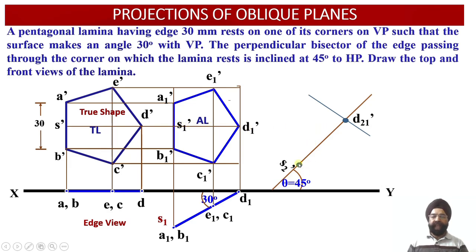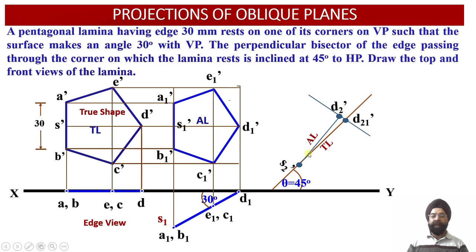So now with S2 as center, we'll measure this distance and mark it over here onto this construction line, which is the locus line corresponding to the point D21 dash. So this is the true length. Now we are going to mark the apparent length over here, which will be shorter than the true length. Once we mark this apparent length, we will find that the point D2 dash has been obtained over here.